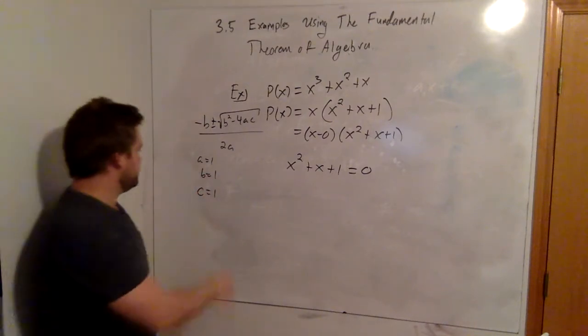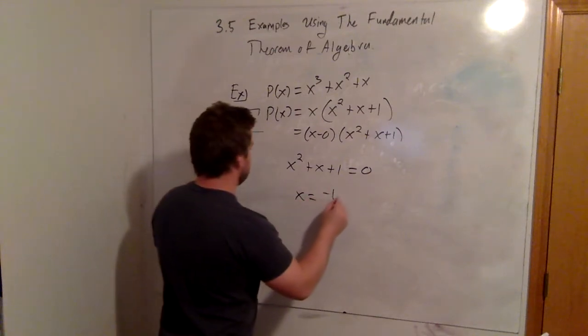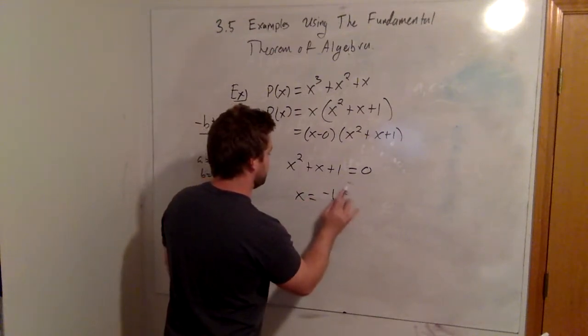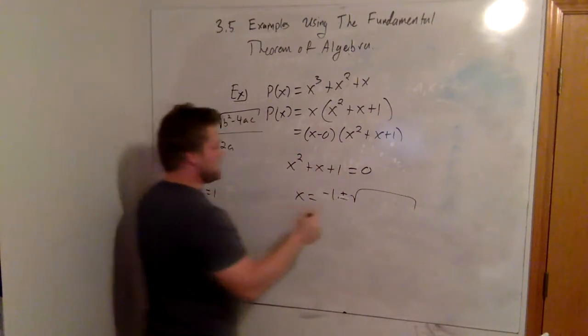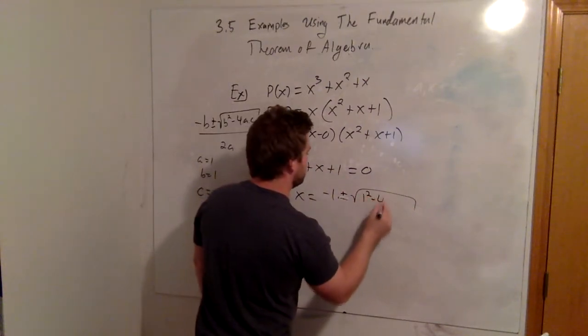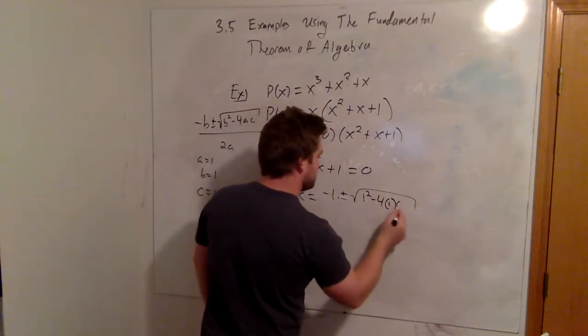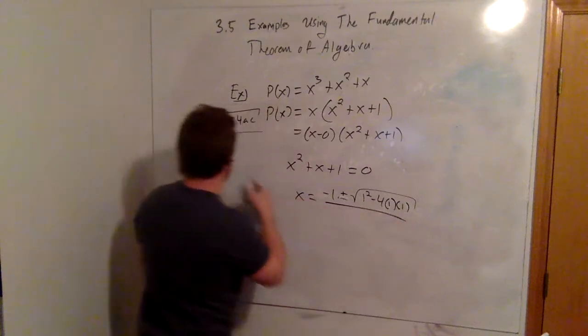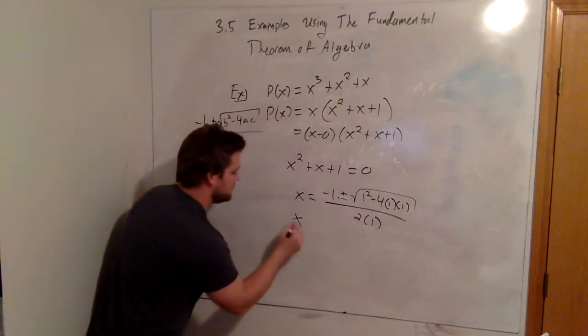So the solutions will be negative b, negative 1, plus or minus the square root. I'm going to get my b squared, so I'll get 1 squared minus 4 times a, which is 1, times c, which is 1, all over 2a, all over 2 times 1.